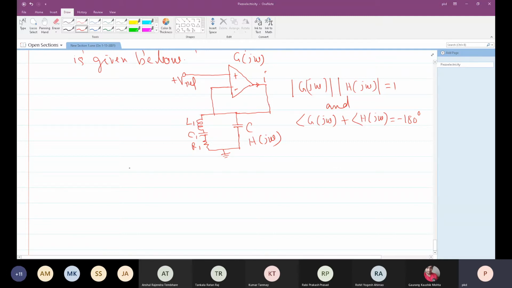The major advantage of using a crystal oscillator is that it has a very high Q factor.